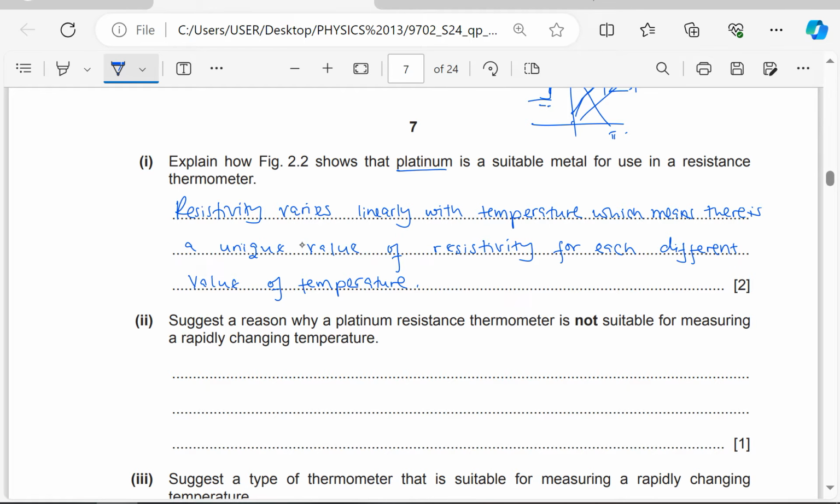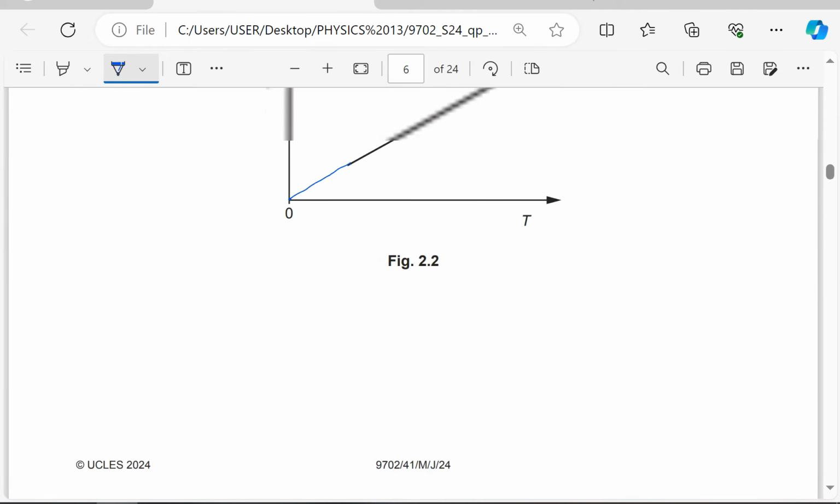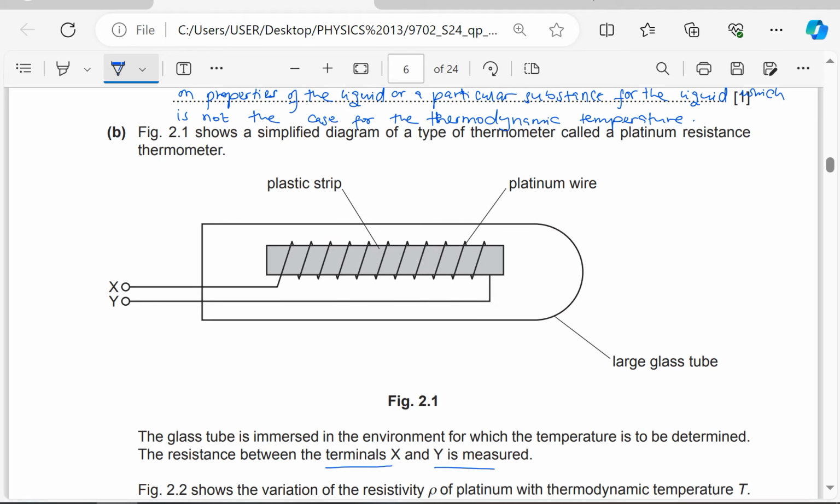Now, give a reason why a platinum resistance thermometer is not suitable for measuring a rapidly changing temperature. Remember, a rapidly changing temperature would require something which is very sensitive. It doesn't need much time for the temperature to change. But for the platinum resistance thermometer, when I look at the diagram, first of all, the glass must conduct heat before it reaches the platinum wire or the platinum strip.